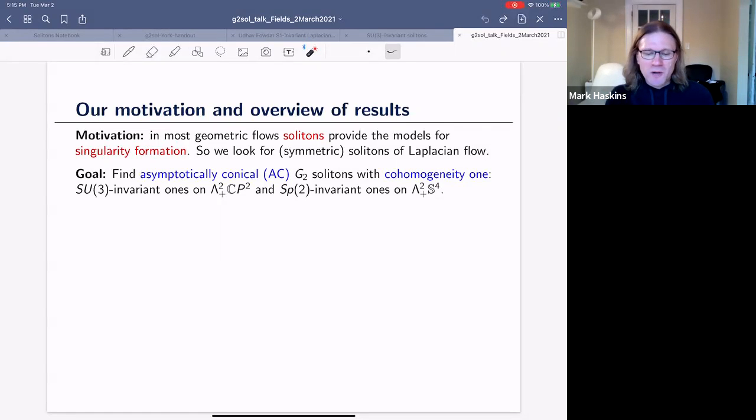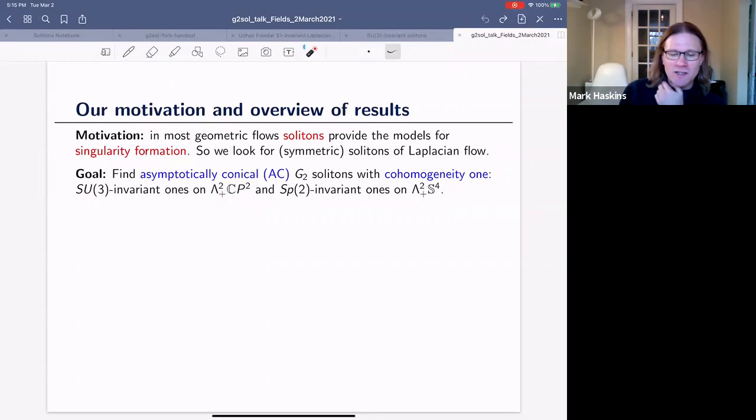But there are two other well-known solutions in the torsion-free case due to Bryant and Salamon, on lambda 2 plus or minus of CP2. It just depends on what orientation you give your CP2, whether you call that plus or minus, or the same thing on S4. Both of those have a lot of symmetry, SU3 in the CP2 case or SU2 in this case.